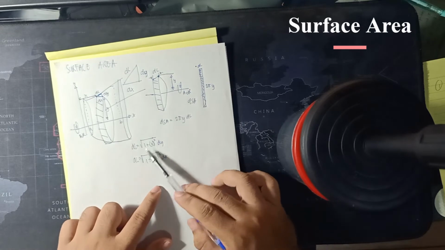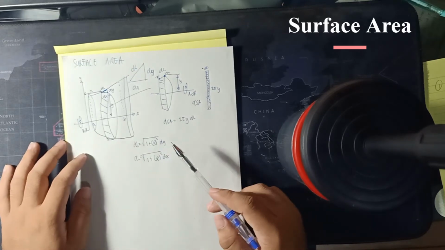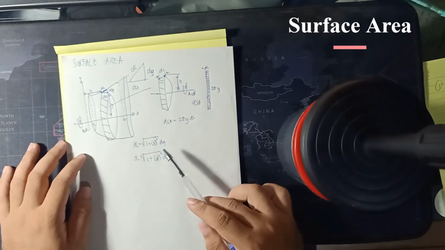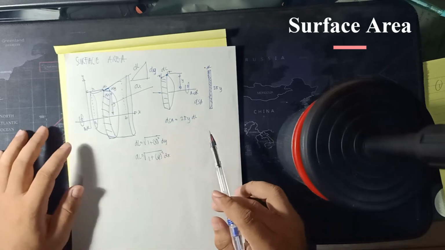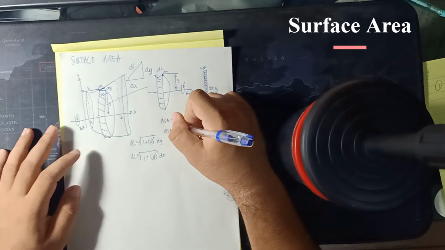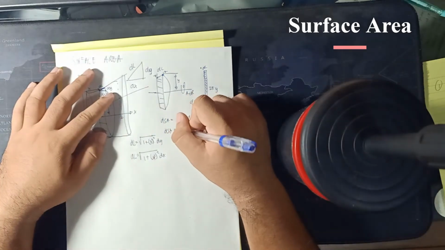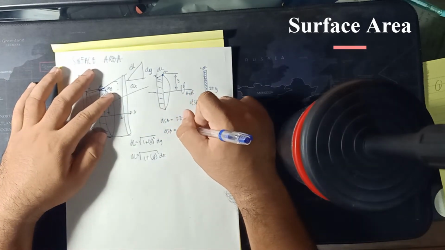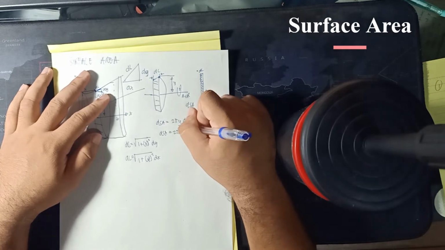If you remember this from the length of the curve, you will now apply it also in the surface area. So the differential of the surface area is equal to 2 pi y times the square root of 1.